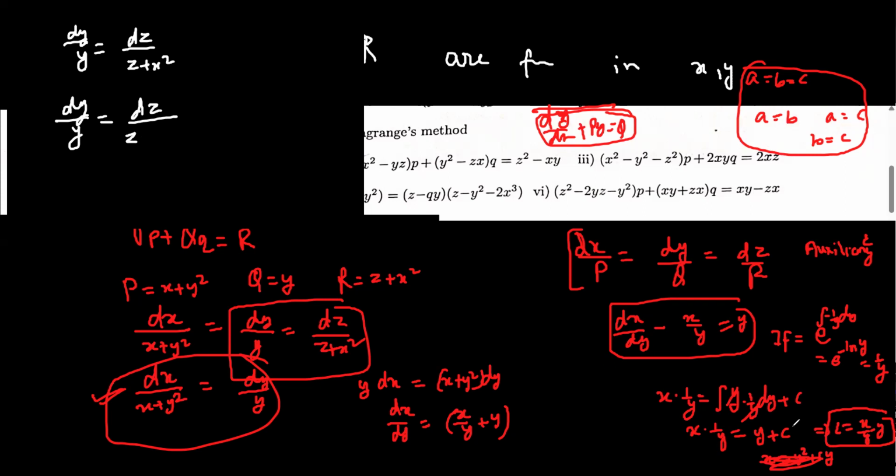What is the value of x from here? x is nothing but c y plus y square, right? So put here c y plus y square, right?